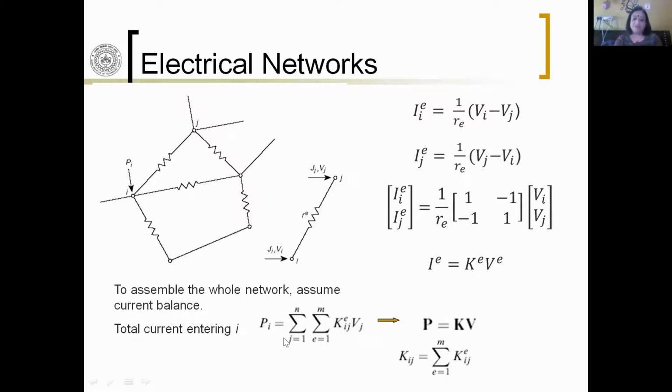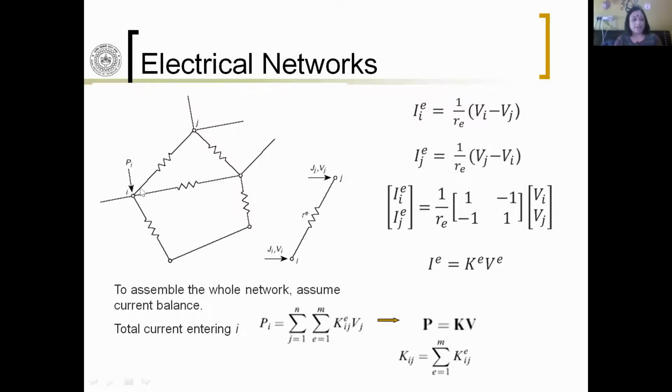The first summation, this summation is over node J. So I have to do this exercise not only at point PI, I will have to do it at every node, right? KCL has to apply at every node. So therefore, I have written the equation for node PI, but I will have to repeat this for every other node as well.